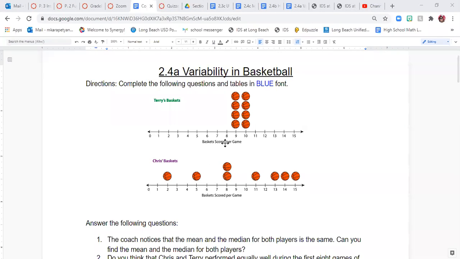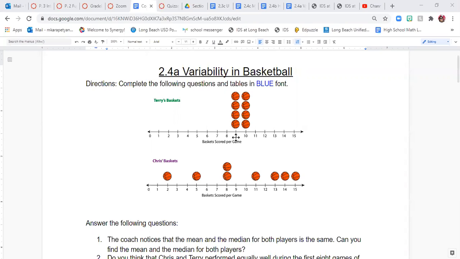So what does that mean? Each one of these dots on this dot plot represents the baskets scored during a game. So this basketball represents that in one game, Terry scored 9 baskets.